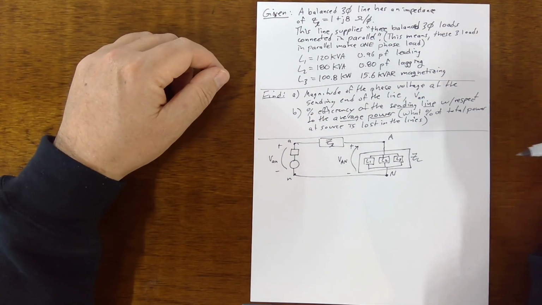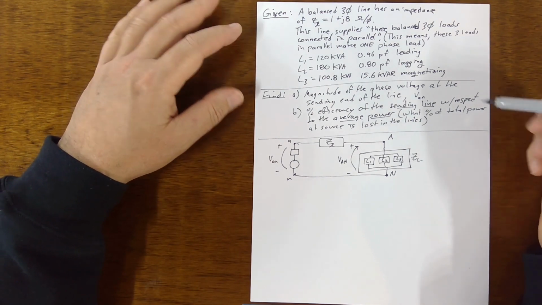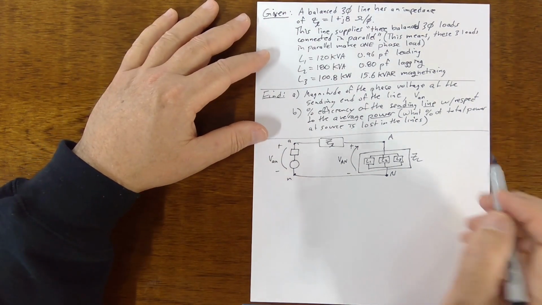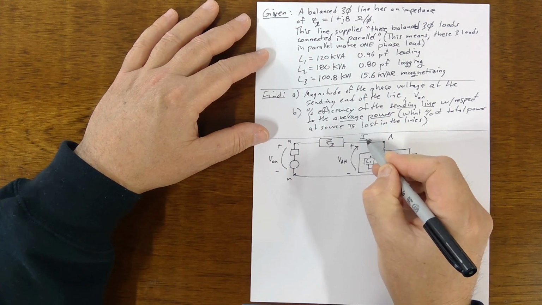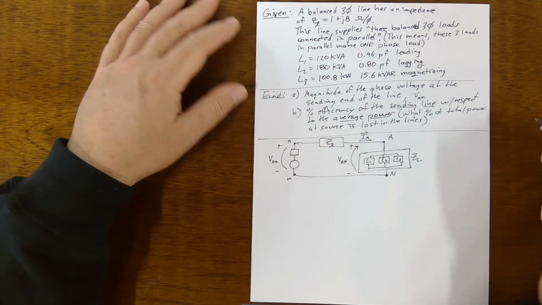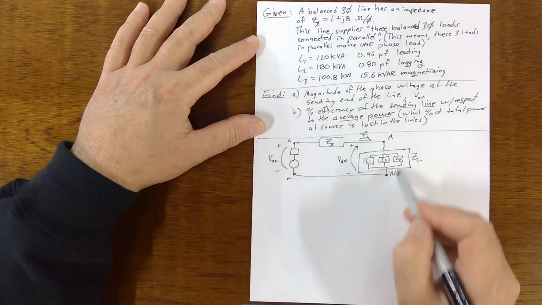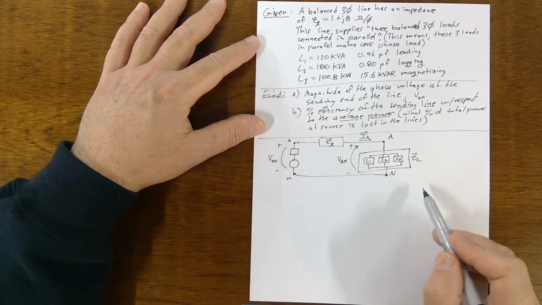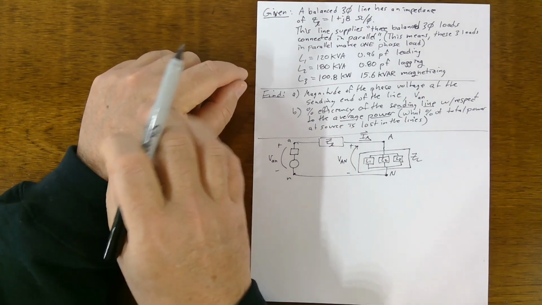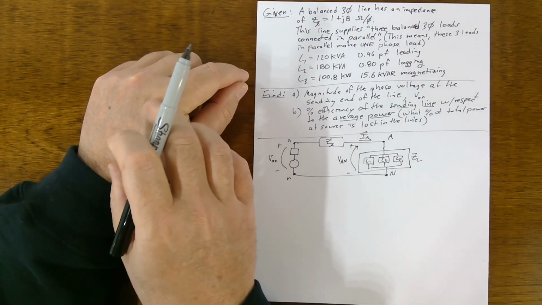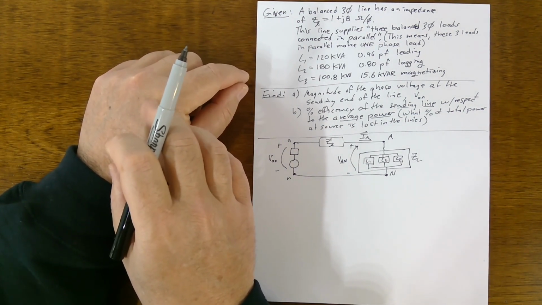The fact that they're in parallel doesn't even matter because we're talking about power. But there you go. So this is I sub A, the single A phase. There are three phases, B phase and C phase. If you're not sure, you could draw those out. It turns out this single phase is enough.